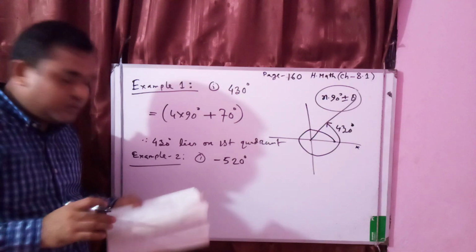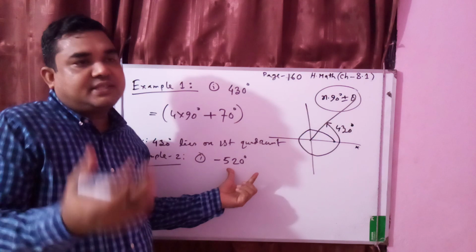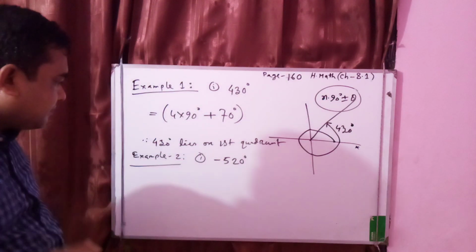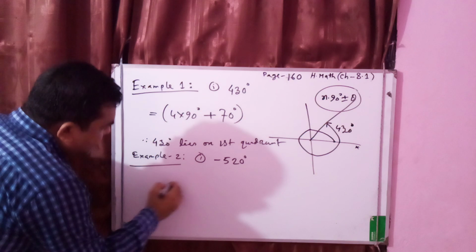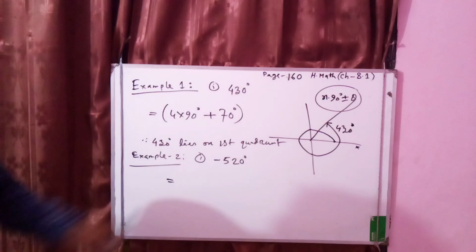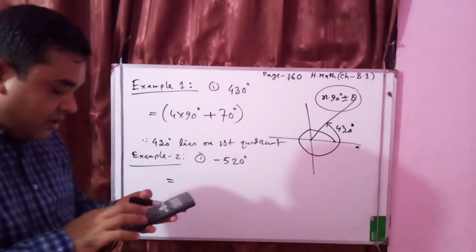In which quadrant does this angle lie? So we calculate where this angle stays. Now we solve this. First we convert it into n times pi by 2 plus or minus theta. Okay, let's go.